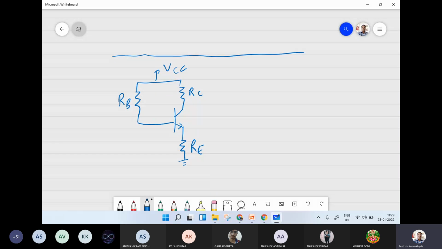Again, for analyzing the circuit, we can follow either of the ways as we have done for the previous circuit, that we can either do the load line analysis, or we can also do the analytical calculations.